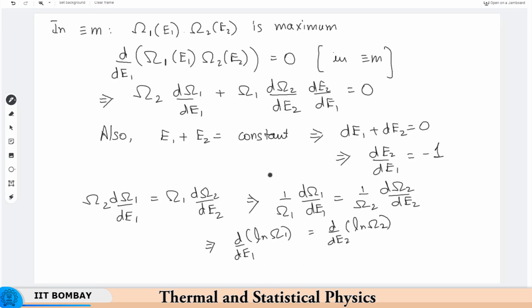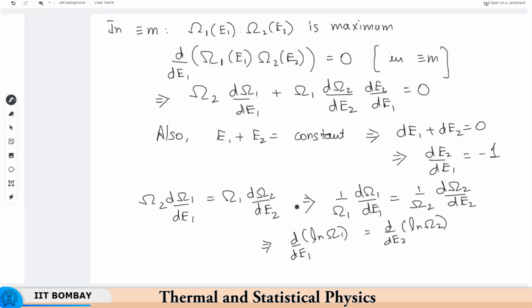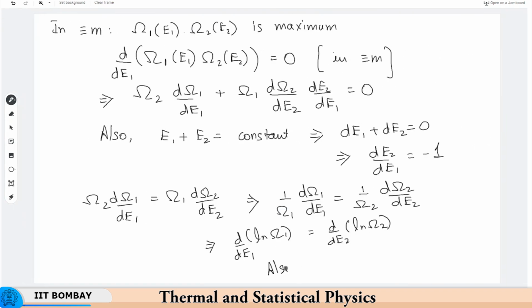So, remember, I already told you, when we let these systems exchange heat with each other, the equilibrium is established when the temperature T1 becomes equal to temperature T2, right. So, the other condition of equilibrium is T1 equals T2.